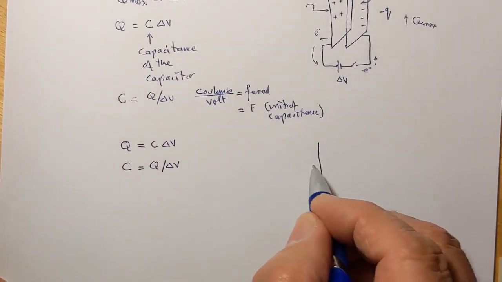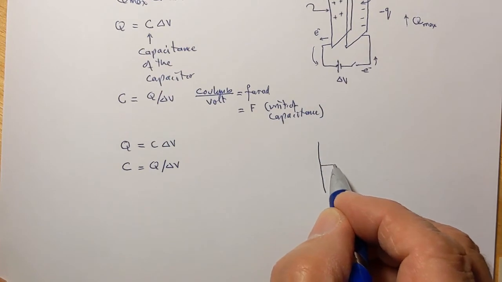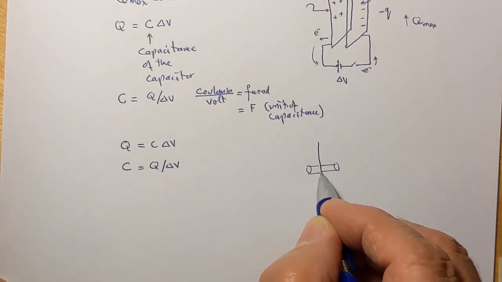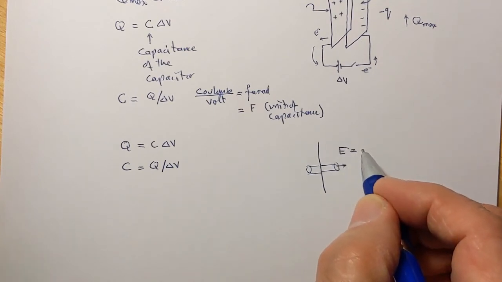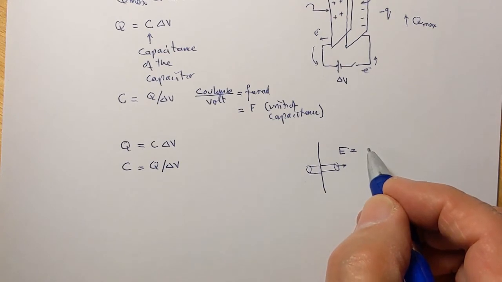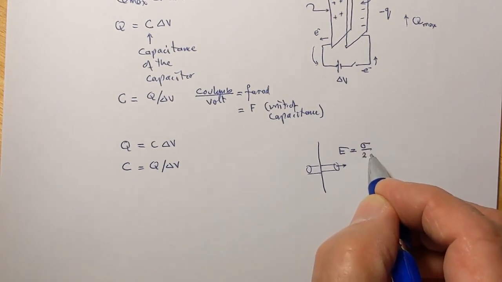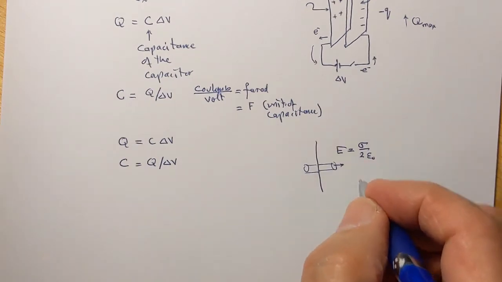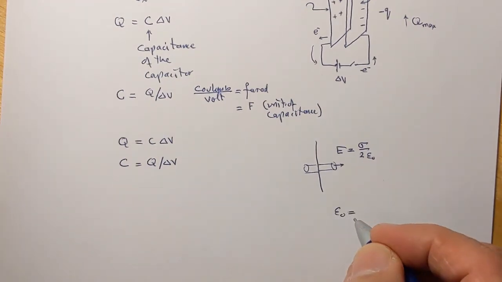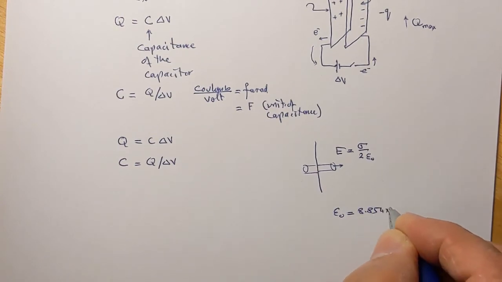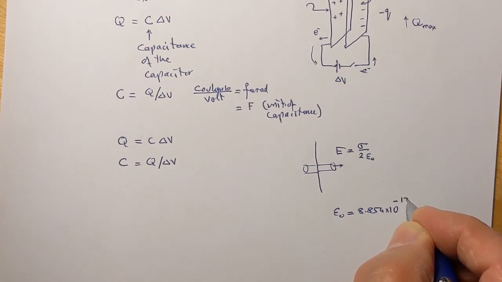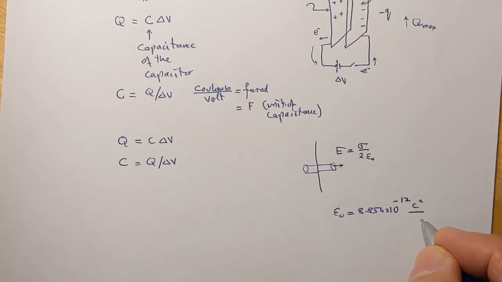If we recall, in a previous chapter we made a cylinder like this, and the electric field coming out was given by sigma over 2 epsilon naught, where epsilon naught is the permittivity of free space, equal to 8.854 and so on, times 10 to the power minus 12, coulomb squared over newton meter squared.